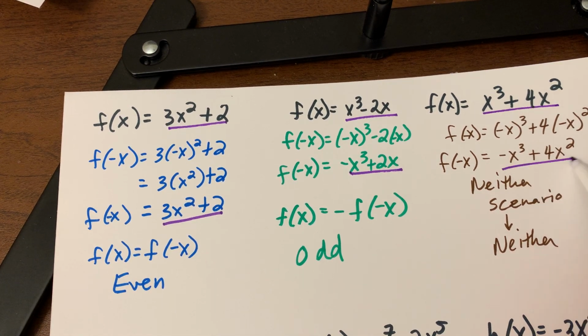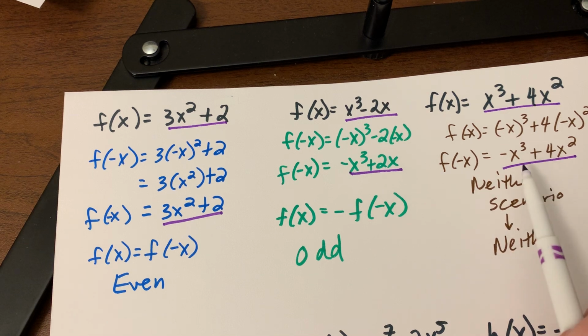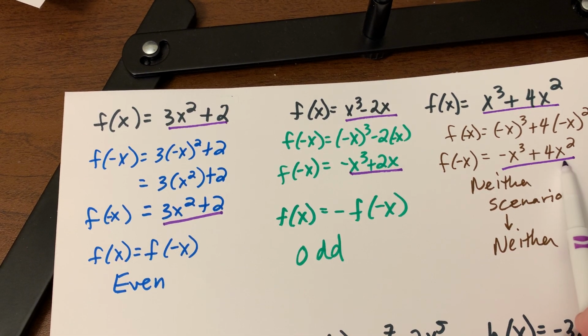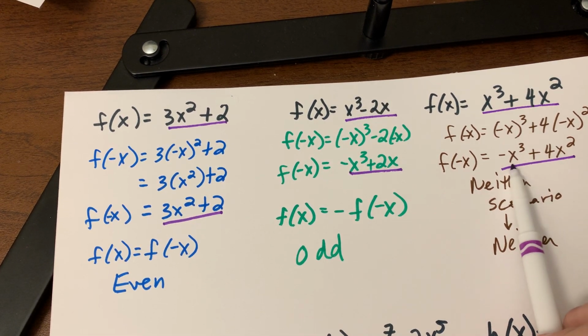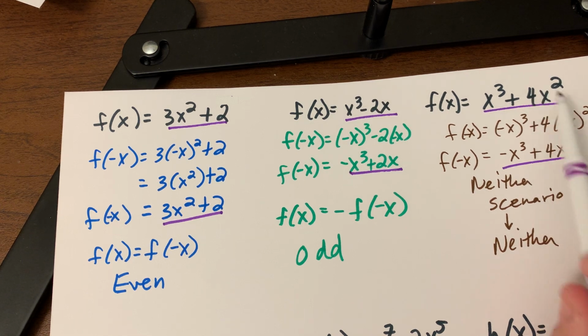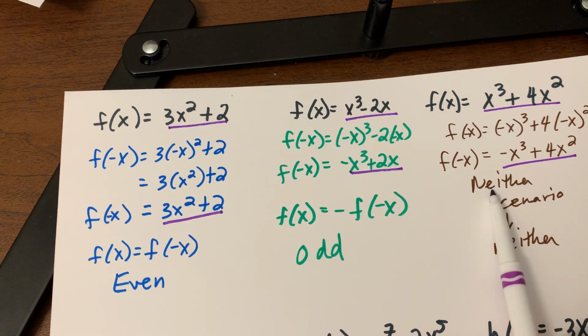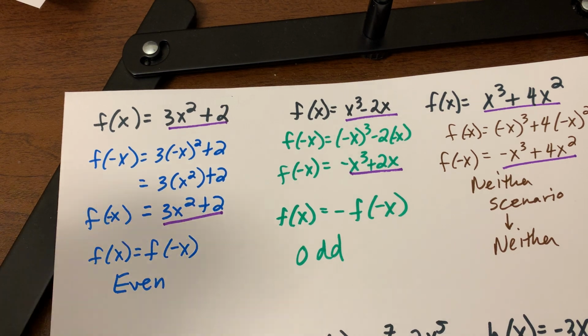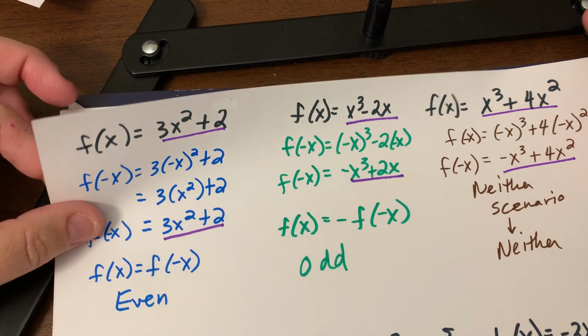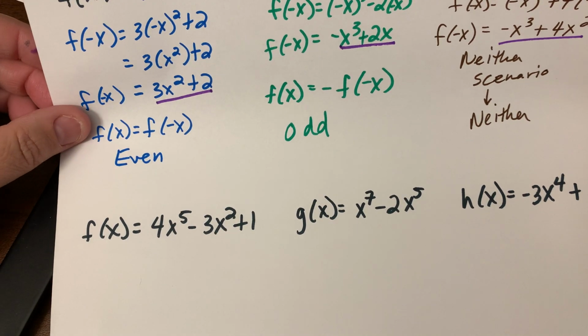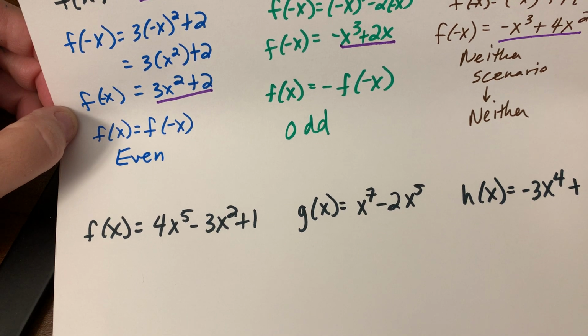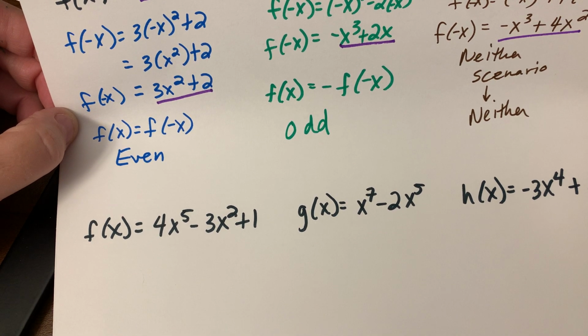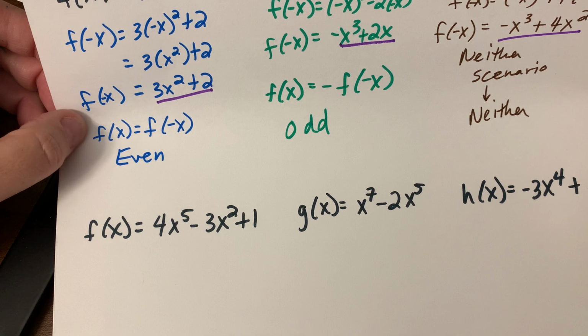I end up with f of -x being -x³ plus 4x². So the x cubes change sign, but the x² terms didn't. So this is a neither type of situation. Go ahead and see if you can figure out what's going on in these functions here. Pause the video so you can work it out.